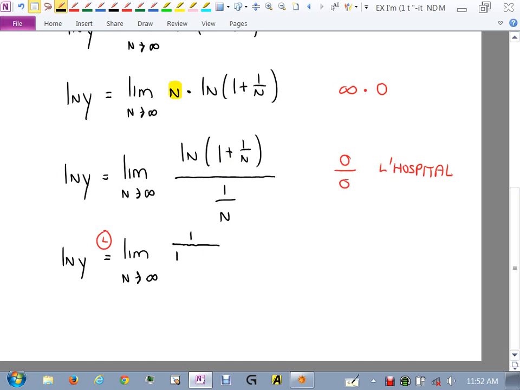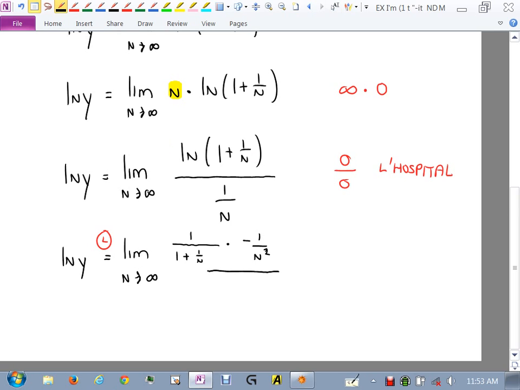Anything, right? Times the chain rule. What's the derivative of what's inside the natural log? So derivative of 1 is 0, plus what's the derivative of 1 over n? Not antiderivative, derivative. Negative 1 over n squared. Or you could have said negative n to the negative 2. But that's the derivative of 1 over n.